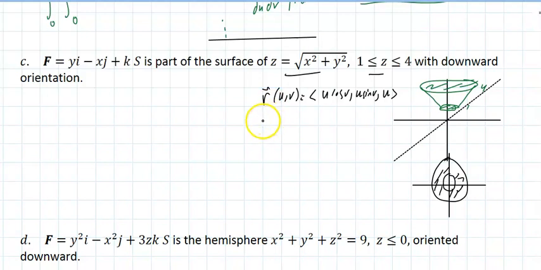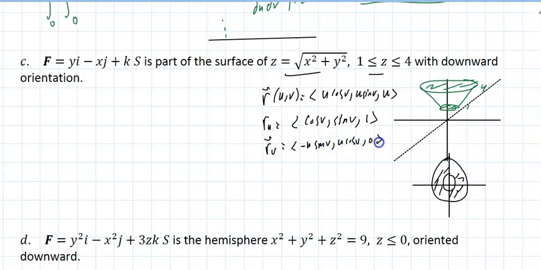Right. And I'm going to take r sub u, and that is the cosine of v, the sine of v, and 1. And I'm going to take r sub v, and that's going to be negative u the sine of v, u the cosine of v, and a 0. And we just did that. R sub u cross r sub v. So you'll notice a lot of repetitions. That would be what?